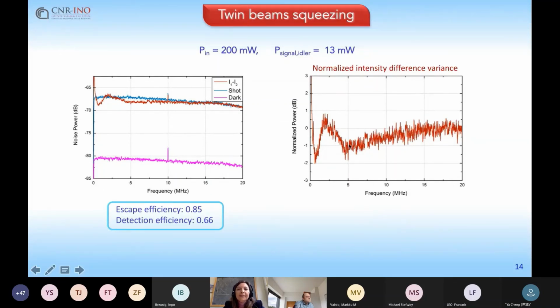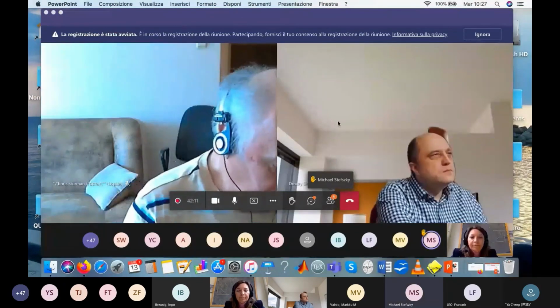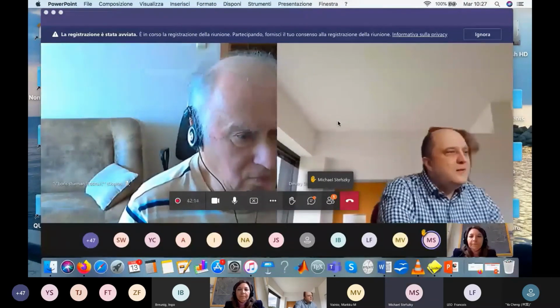We are still investigating why this squeezing has this shape, but we think that it is linked in particular to the amplitude noise spectrum of the pump. Starting from a particular shape for the amplitude noise of the pump, we get this shape of the squeezing, which is reduced relative to the starting level of power. I don't know if I answered your question. Yep. Thank you.